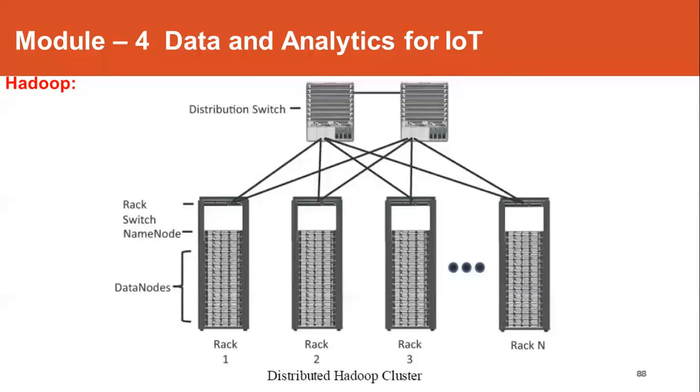So data nodes, on the other hand, are the servers where the data is stored based on the directions given by the name node. So it is common to have many data nodes in a Hadoop cluster to store the data.